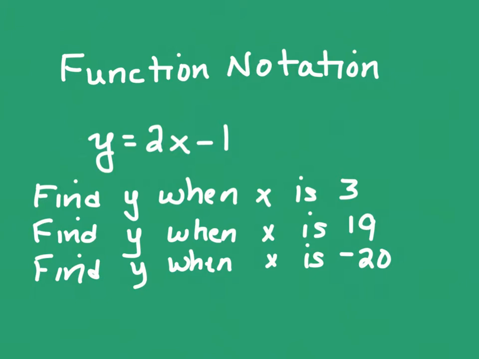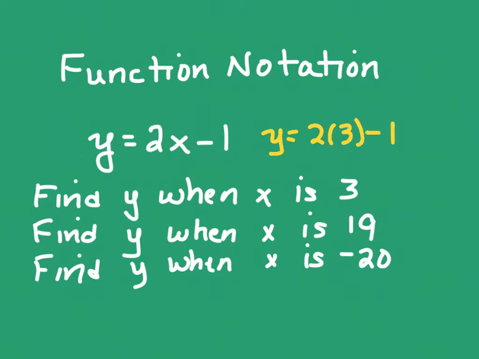So we looked at in the last lesson that equation that said y equals 2 times the input minus 1. And we decided we could write that equation as y equals 2x minus 1, which is great. And I could ask you to find y when x is 3, and you could do y equals 2 times 3 minus 1.